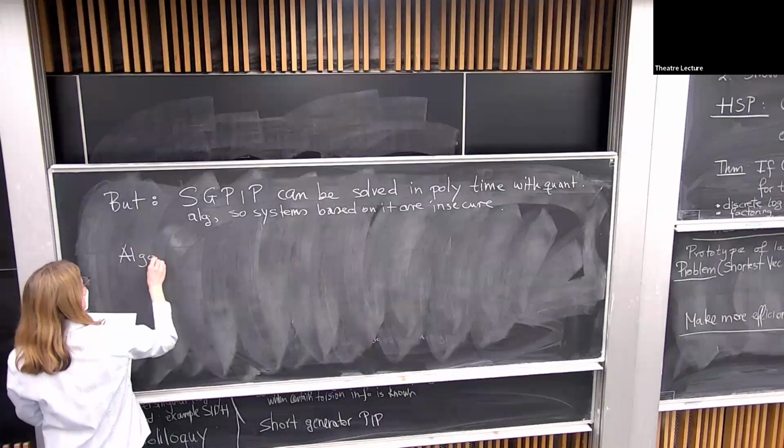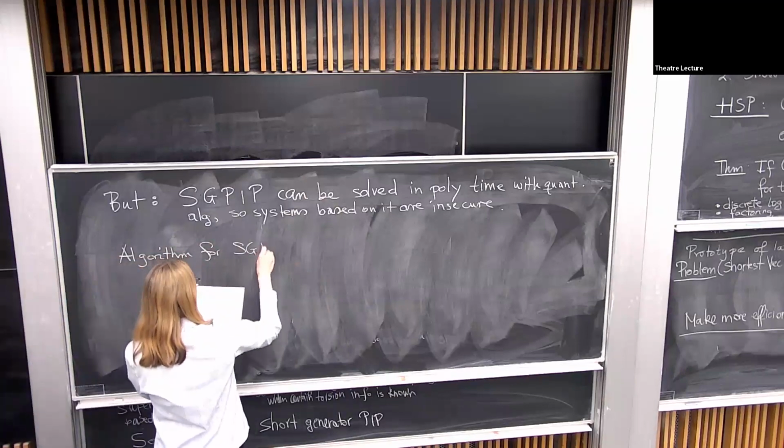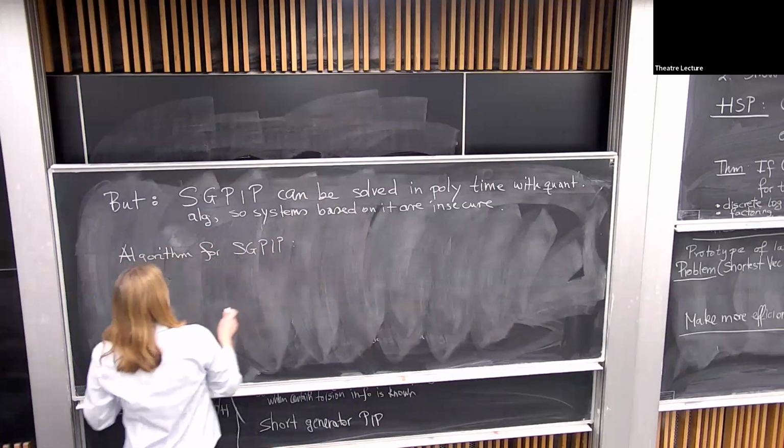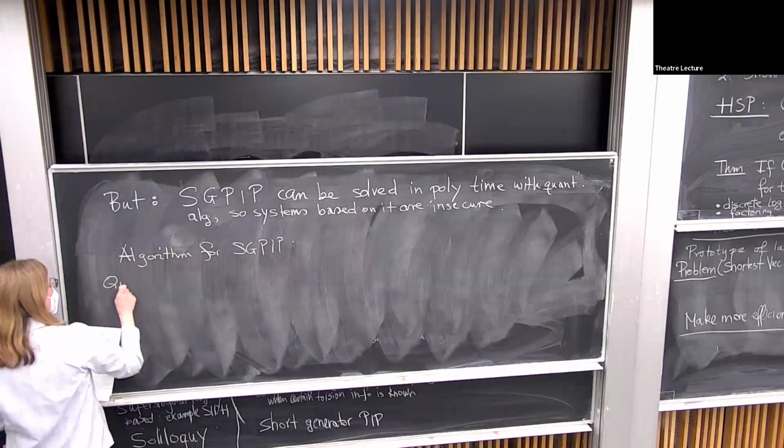What does the algorithm for the short generator principal ideal problem do? It has 3 steps, 2 are quantum and 1 is classical.